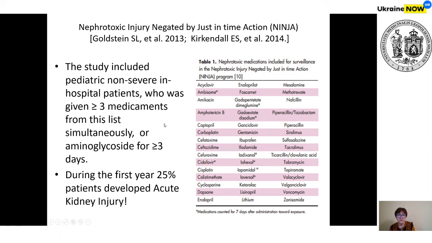The study included pediatric non-severe in-hospital patients who were given more than 3 nephrotoxic medicaments simultaneously or an aminoglycoside for more than 3 days. And during the first year, 25% of these patients developed acute kidney injury.